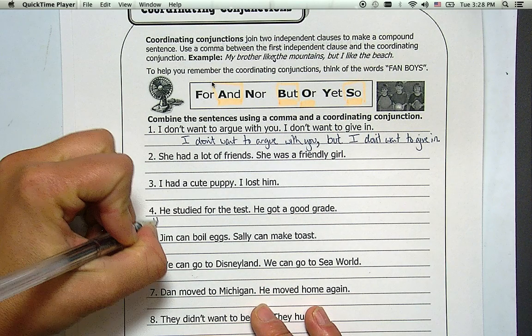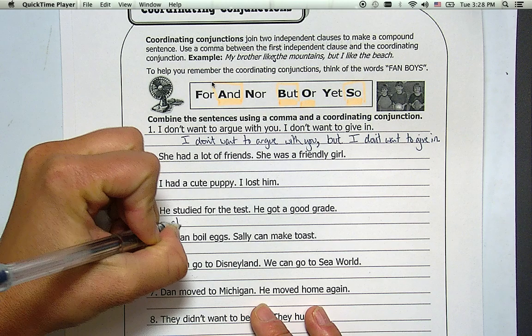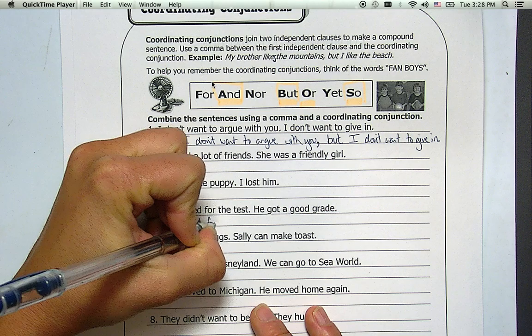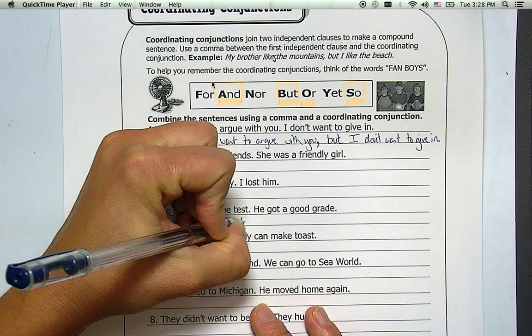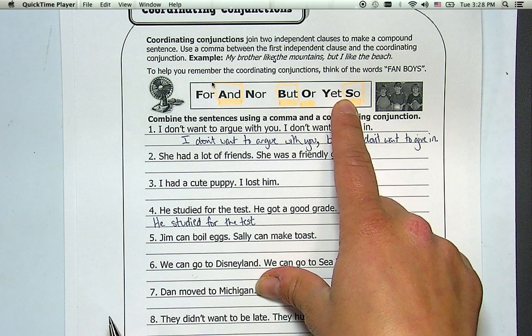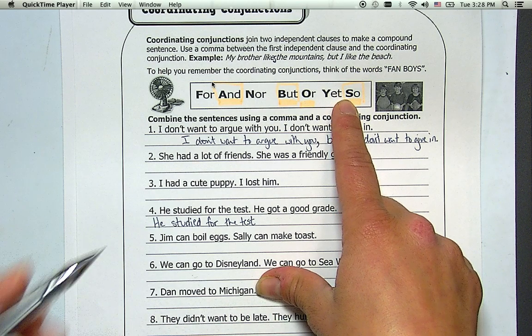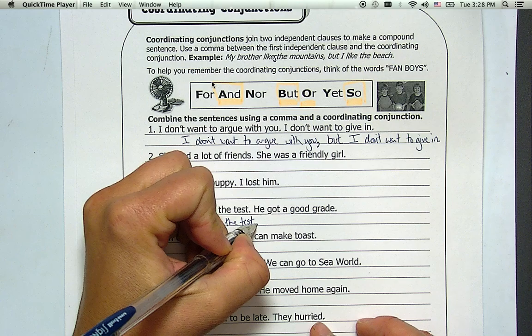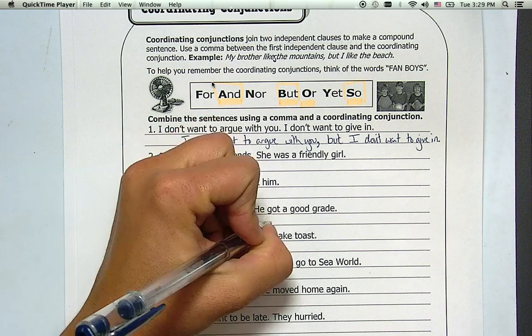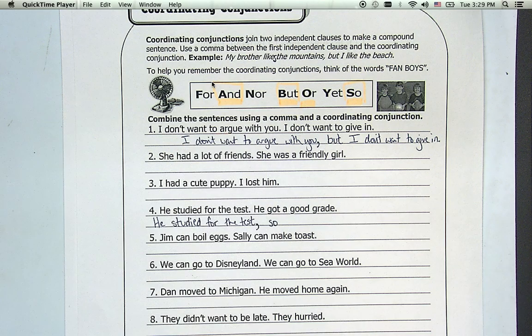He studied for the test. And then if I want to add this word to connect these sentences, I'm going to put a comma because I have a new subject and verb that I want to put a new sentence after. I'm going to put a space and I'm going to put the word so.